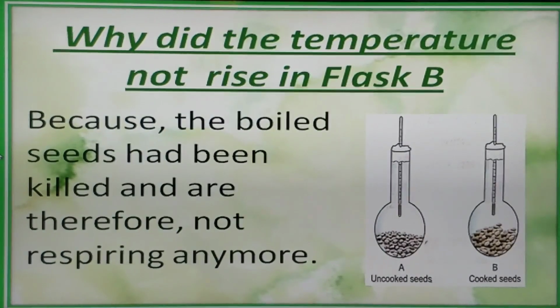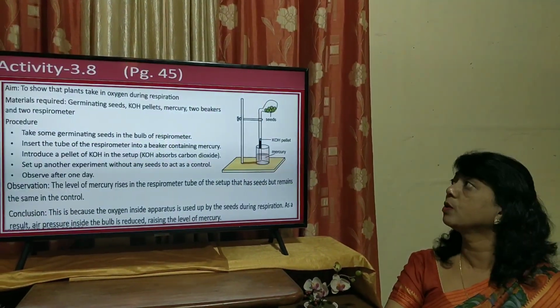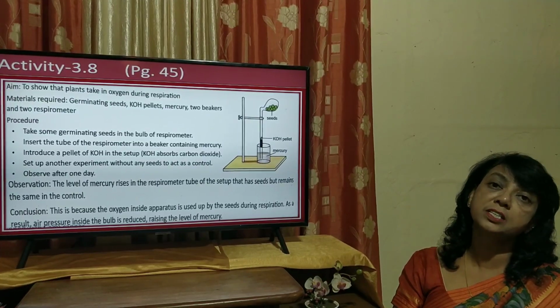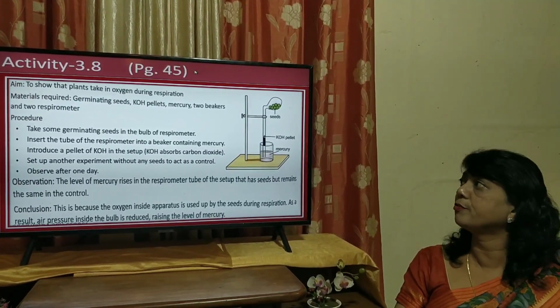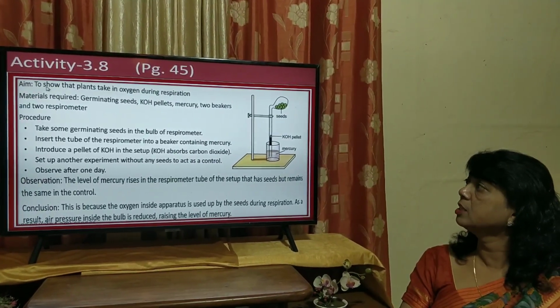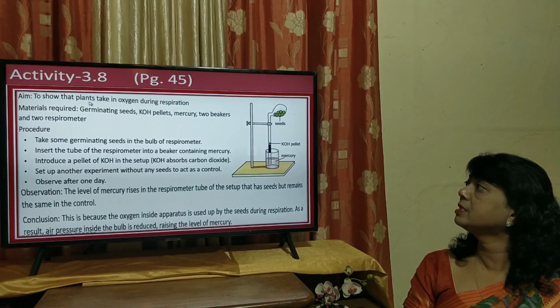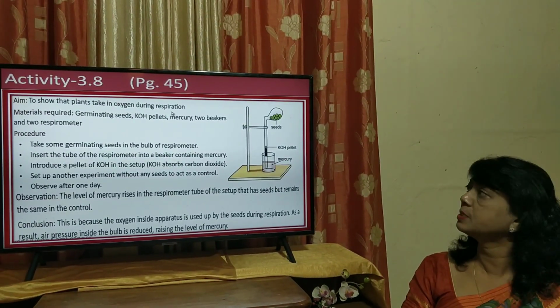Now we will study another activity which is given in your book, and that is activity 3.8, given on page 45 of your book. The aim of this activity is to show that plants take in oxygen during respiration.